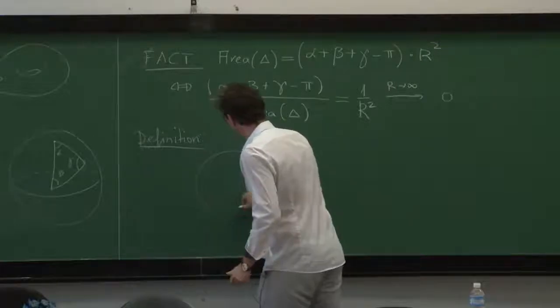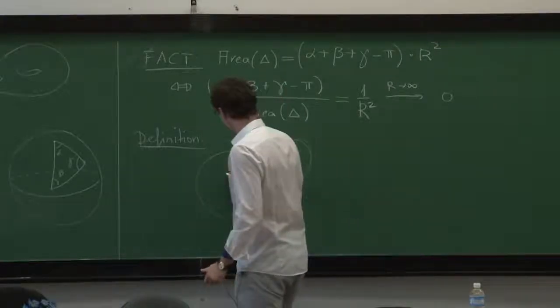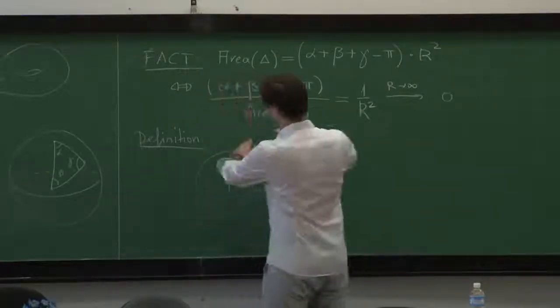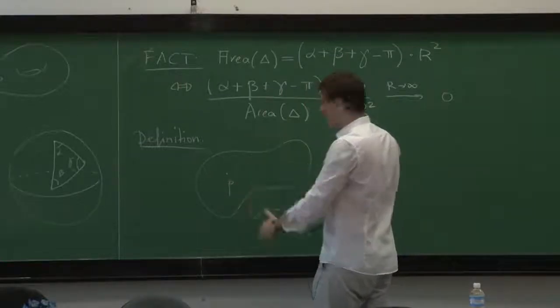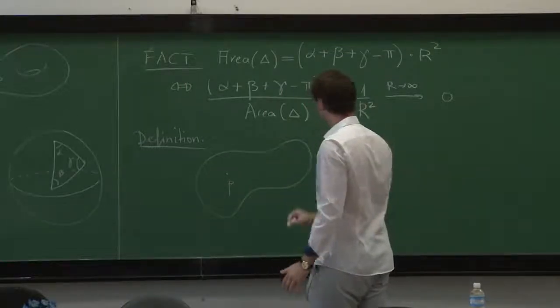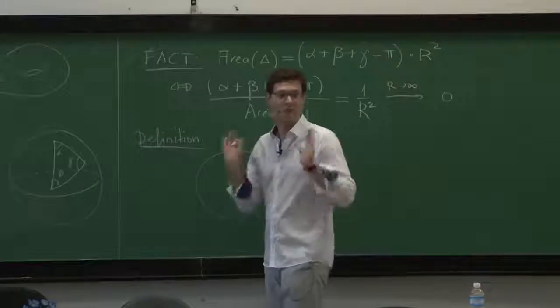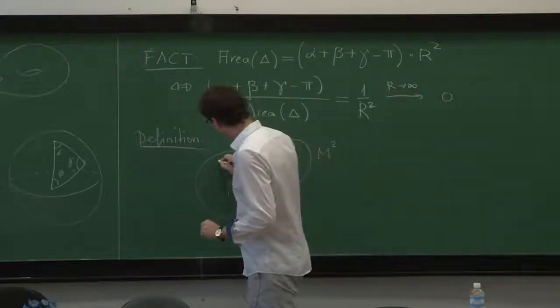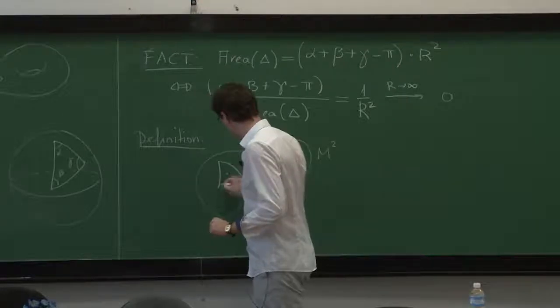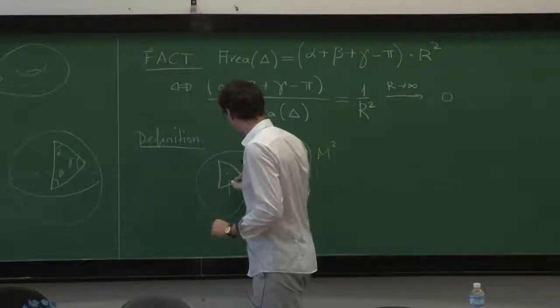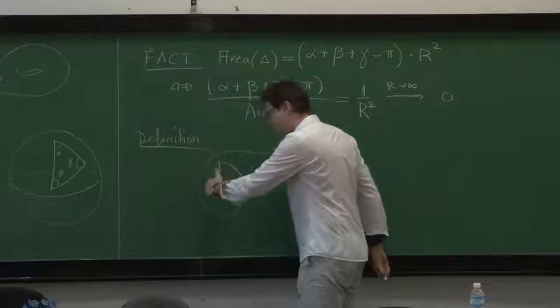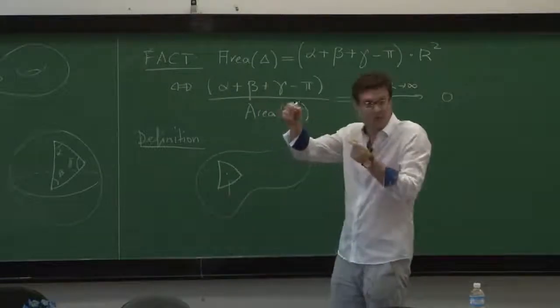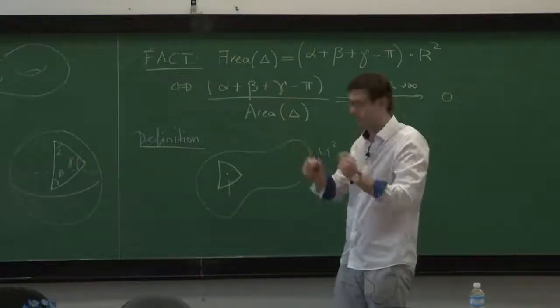I take my manifold, my two-dimensional surface, and take any point on that manifold. I take a triangle where the sides are still the shortest possible paths, right?